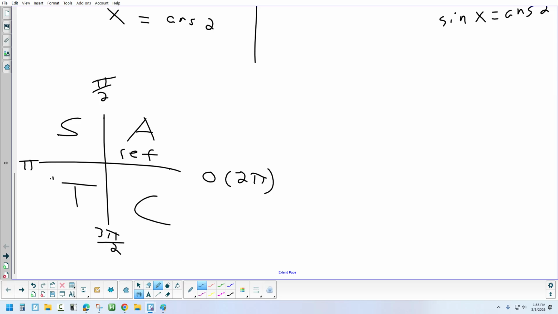If you don't remember, the diagram for it would look something like this. Theta would be your reference angle, and I would want to know the arc in blue. How would you figure that out? Yep. Pi minus theta. So pi minus the reference angle.